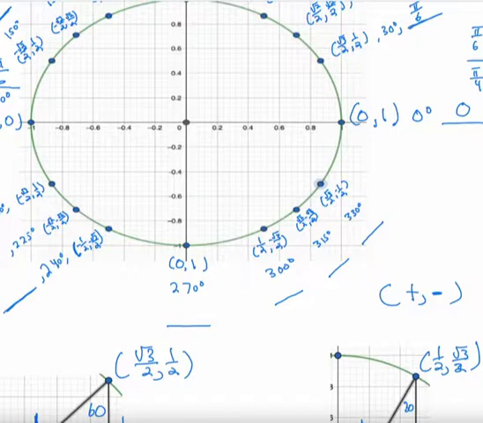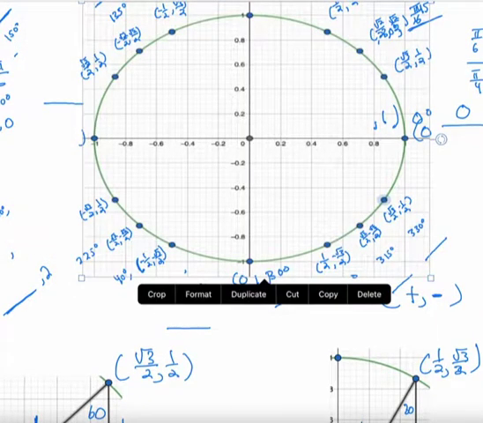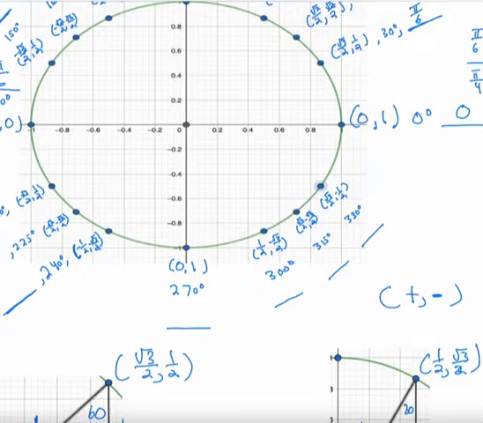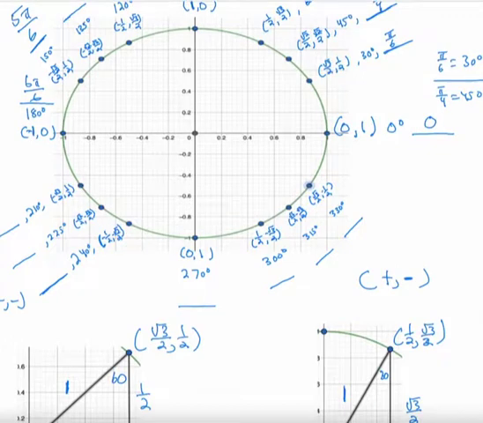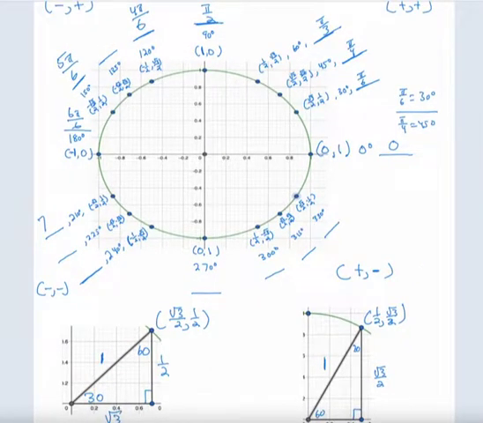7. Ooh, I am coming off the screen here. Hold on. Let's try and come back. Okay. So we went 5 pi over 6 and then 6 pi over 6. So right here at 210 degrees, I'm going to call that 7 pi over 6.